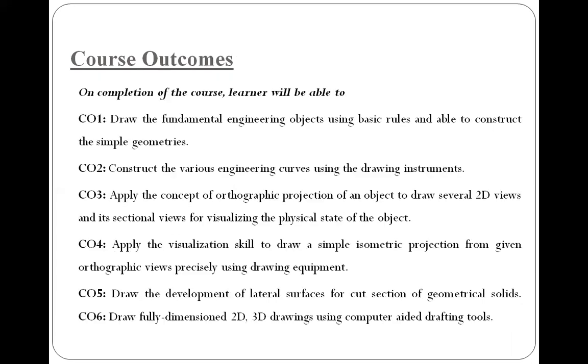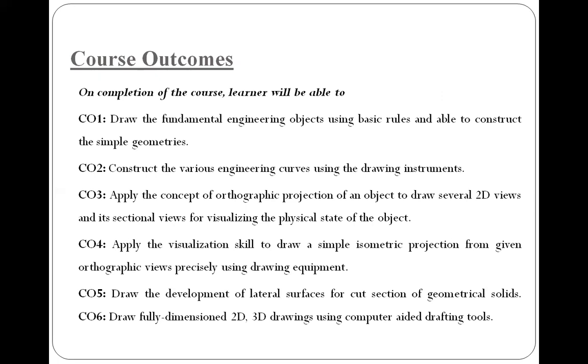Now the outcomes. On completion of this course, the learner will be able to draw the fundamentals of engineering objects using basic rules and construct simple geometry. The learner will be able to construct the various engineering curves using drawing instruments.